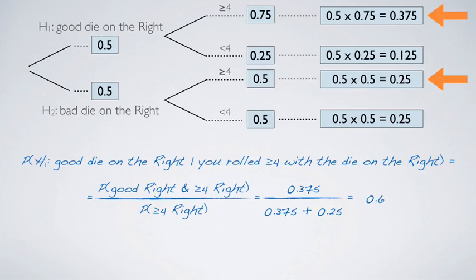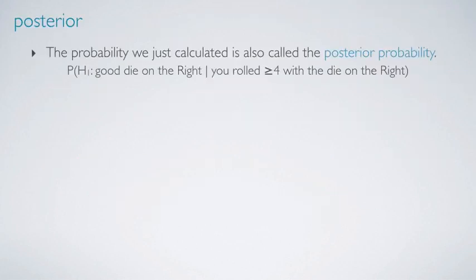Earlier we had guessed that the probability of the hypothesis being true should increase from 50%, and in fact now with the one data point we have observed, we can indeed see an increase up to 60%. The probability we just calculated is also called the posterior probability.